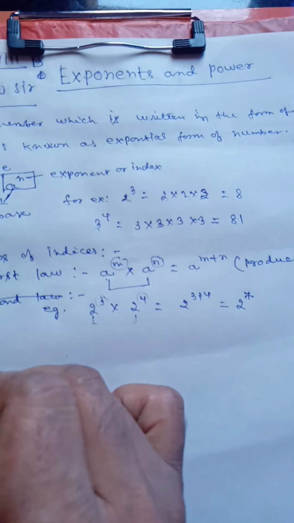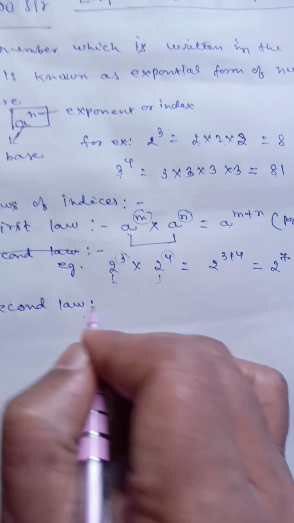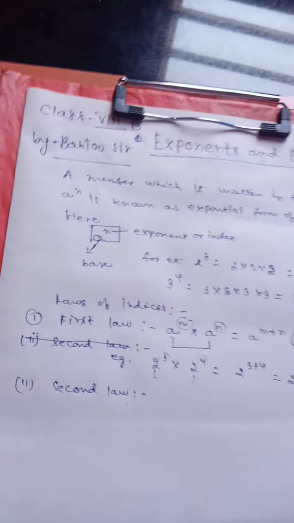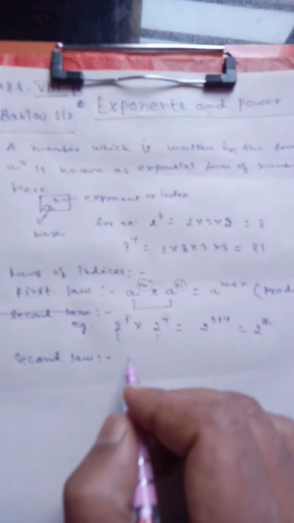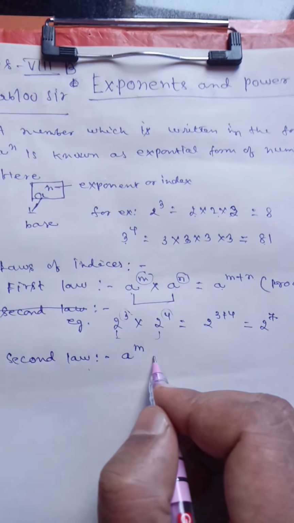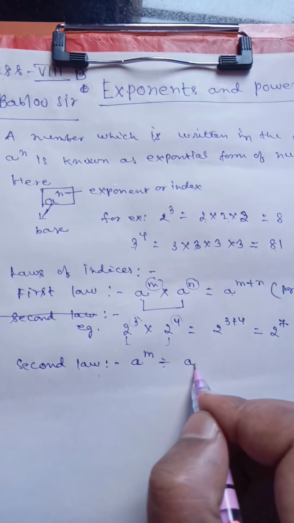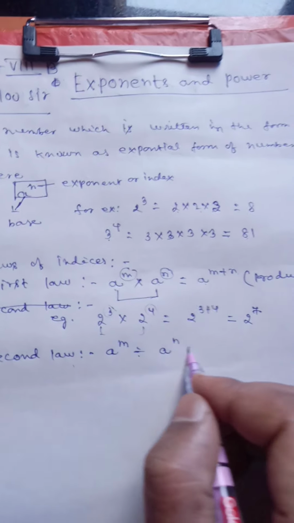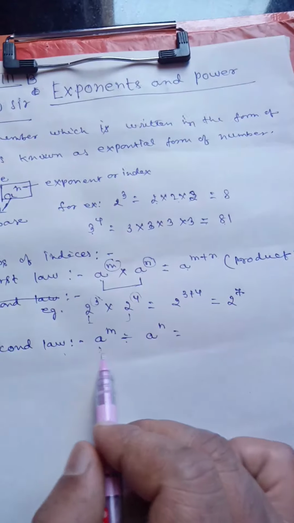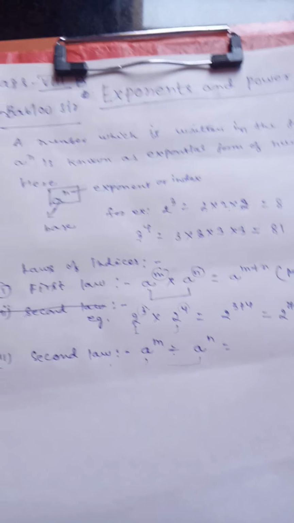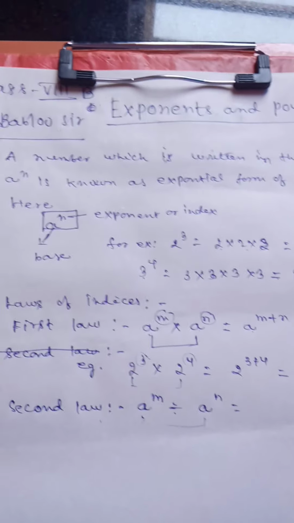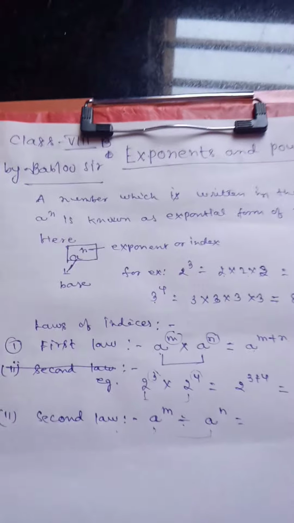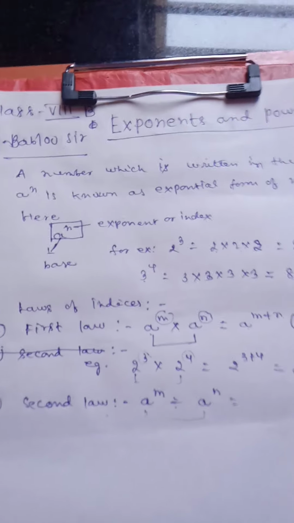Now the second law. See here, a raised to power m divided by a raised to power n. Here the bases are the same but the exponents are different, and there is a sign of division between the two exponential forms of numbers.